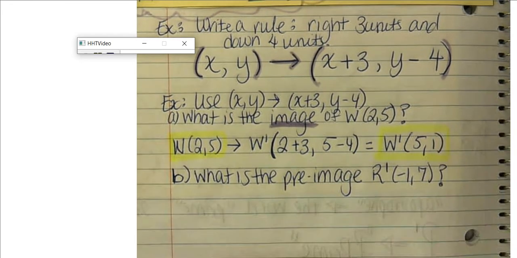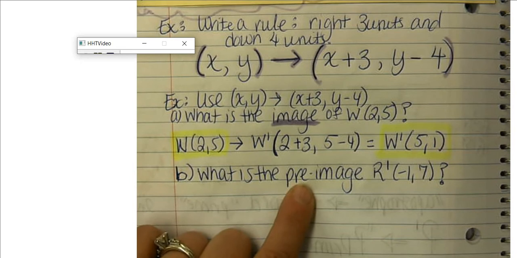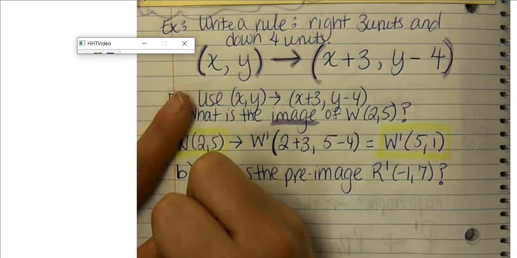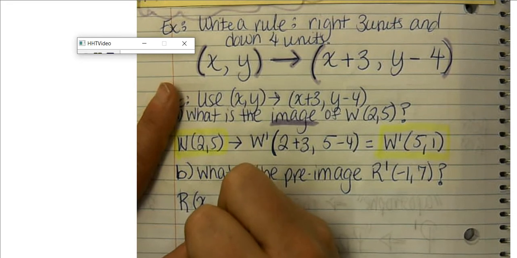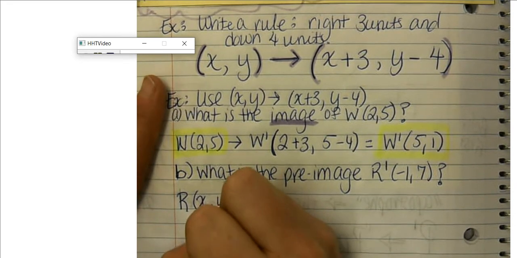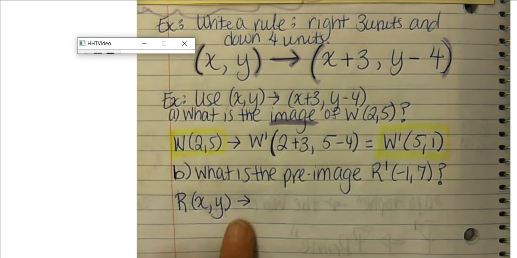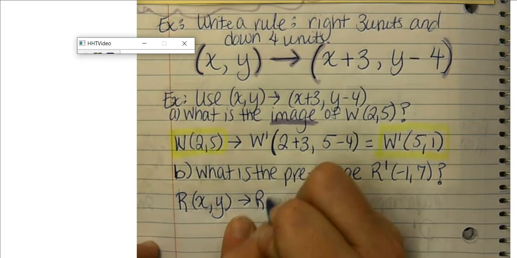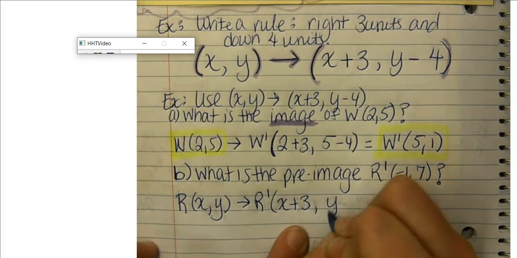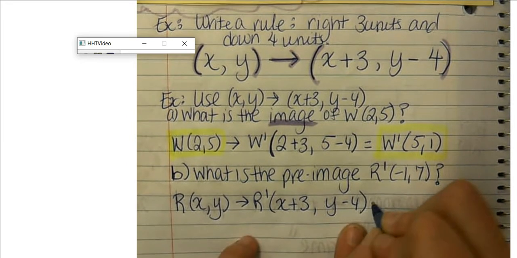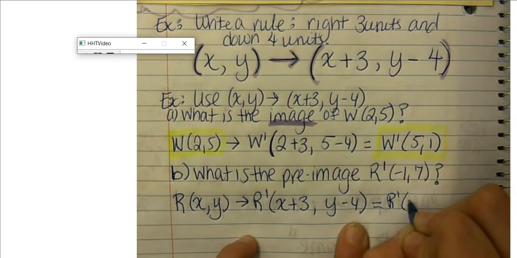So if you're asked to find the pre-image, that means that R, what I had with R, was some XY. And what I did is I said R prime was X plus 3 and Y minus 4. And somehow it equaled R prime equals -1, 7.